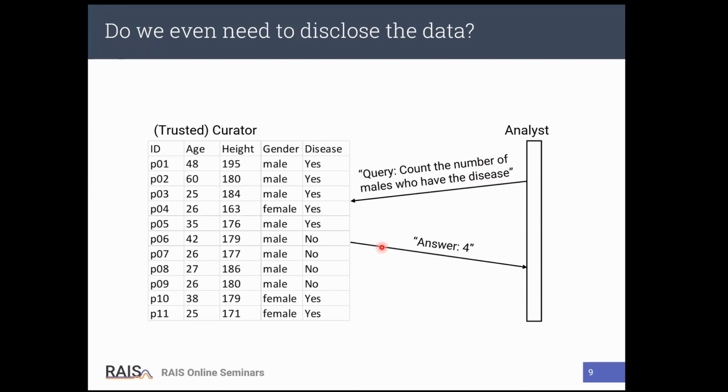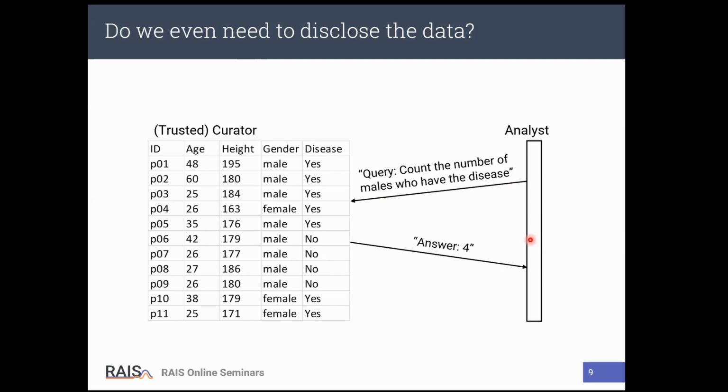Of course, to ask these kinds of questions, there must be someone who has access to all this data. And in this differential privacy setting, this person is called the curator, and is basically a trusted entity who has access to the whole data set. And this entity will compute the statistics and will send the results to the analyst.